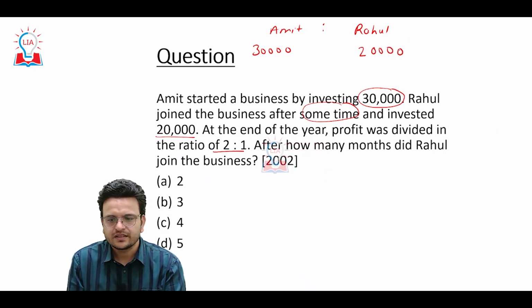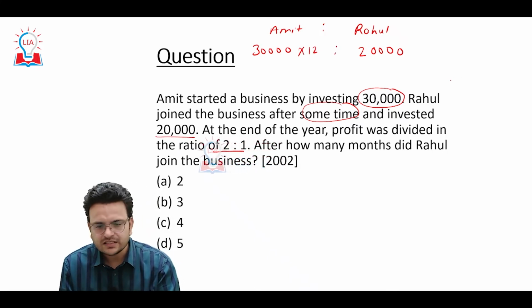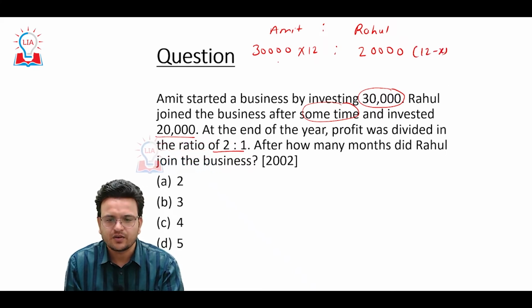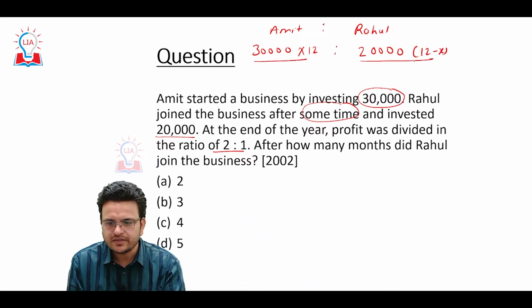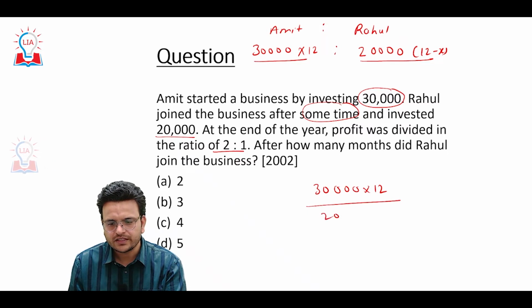20,000. Here you have to understand Amit has invested the money for 12 months and Rahul has invested the money for 12 minus x months. This is the ratio: 30,000 into 12 upon 20,000 into 12 minus x equal to 2:1.